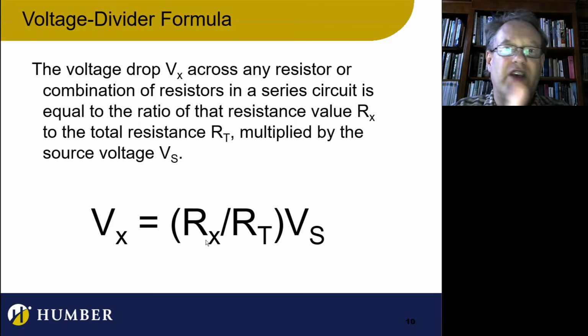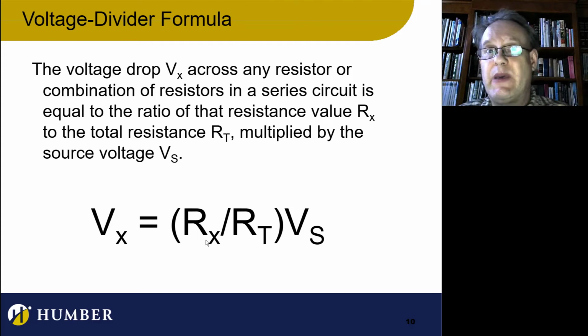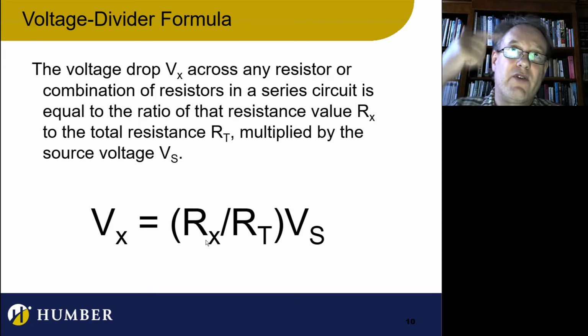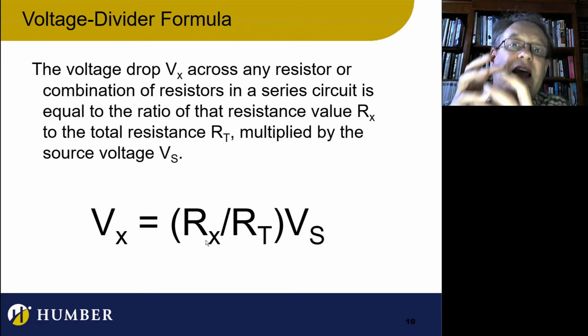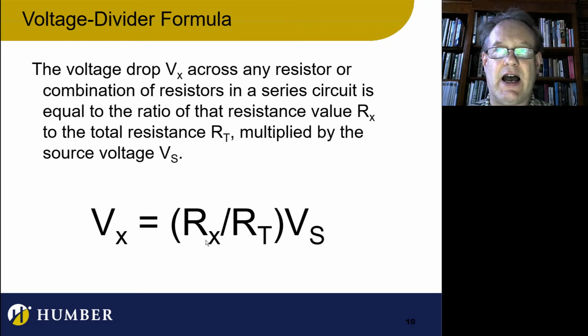You put VR1 or VR2 or VR2, R3 or VAB or whatever you're looking at, whatever resistances or two points are actually dividing that voltage. And then you have to write that value in here. So whatever voltage you're looking at goes here, and the actual resistance that's dividing that voltage goes in here.